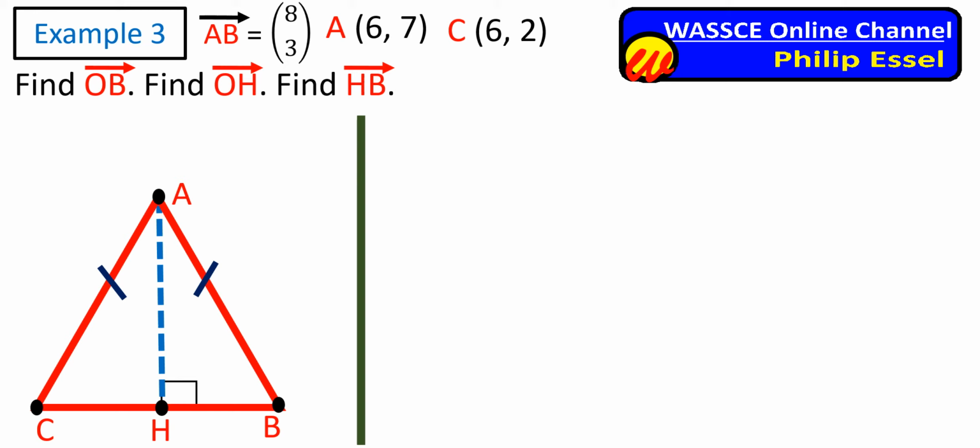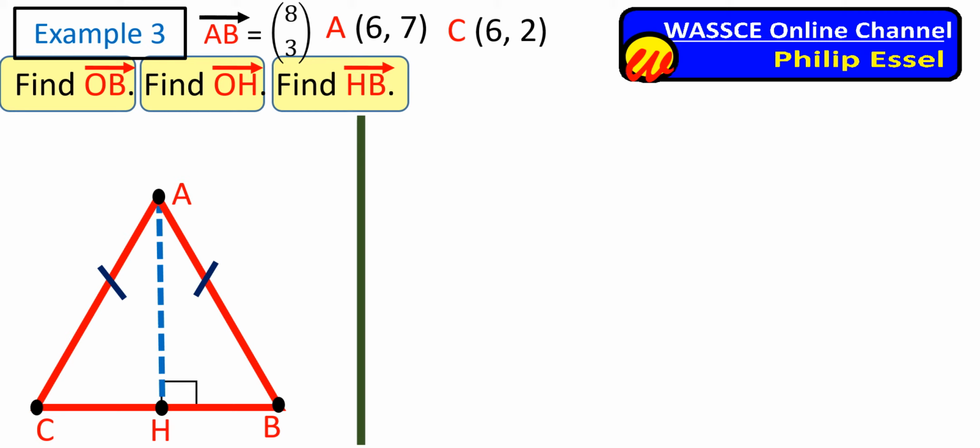We are now being asked to find three main things. First, the position vector OB, then the position vector OH, finally the vector HB.